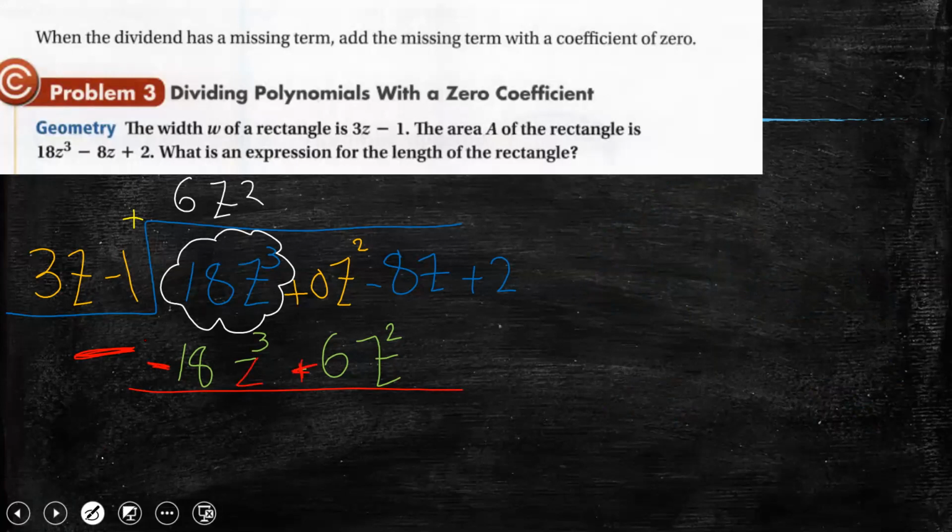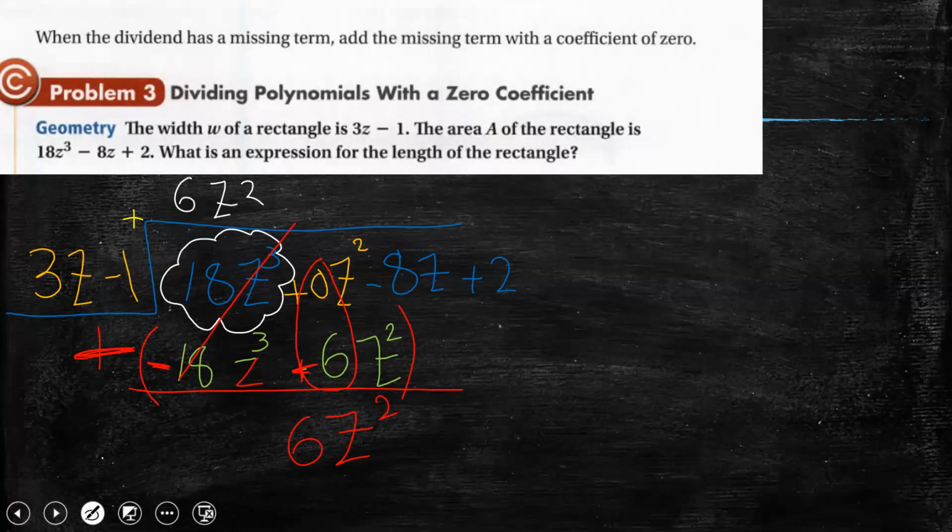When it's changed, make it a plus. Then 18z cubed minus 18z cubed will cancel each other. Then 0z squared plus 6z squared, you have them as 6z squared. That's why, as you see here, it's very important to write the 0 term. So we have it now as 6z squared.